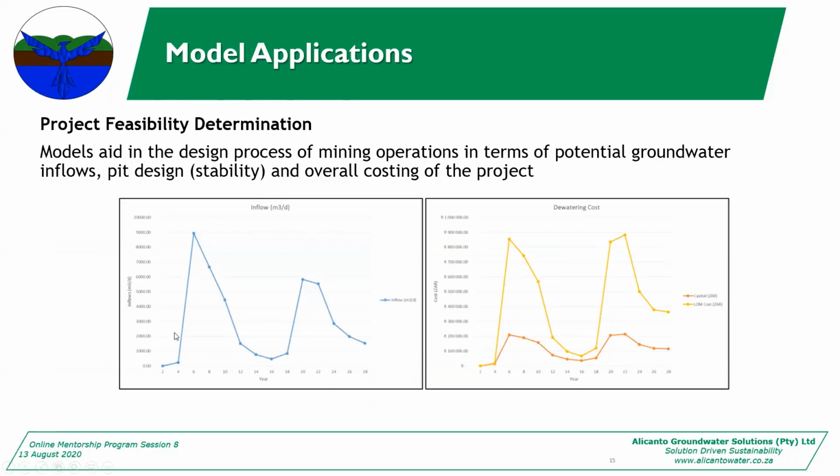So here you can see my inflows as the mine is progressing, which has an almost direct impact on my life of mine cost, which is operational costs, and my capital costs, which is where you have to do drilling and buy pumps. So this is important to know before you start the mine. So in year 6, I need to spend almost R1 million on operating my equipment and 200,000 Rand buying my equipment.